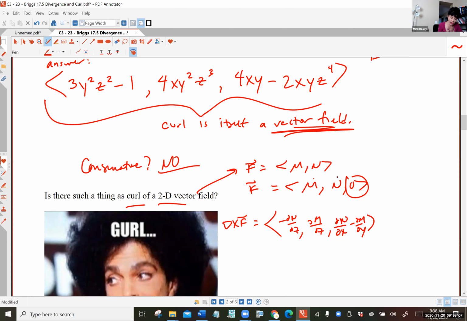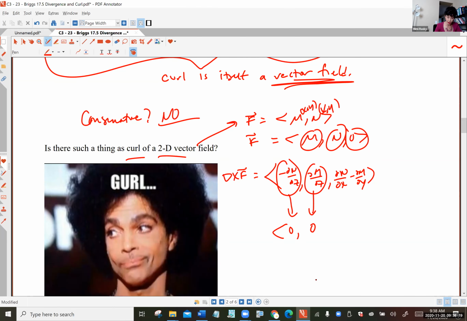But M and N are functions of x and y. So if you were asked to take the partial of M or N with respect to z, guess what? Those are just going to be zero. But this last component is not going to be zero, unless it's conservative, of course, where dN/dx equals dM/dy.